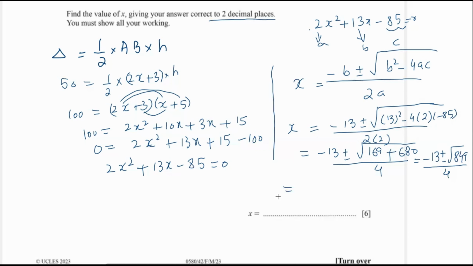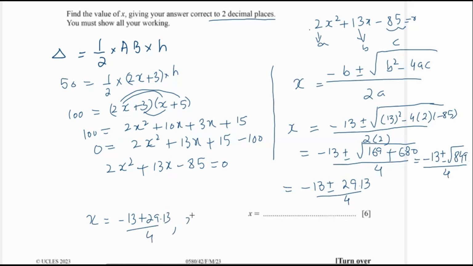The square root of 849 is 29.13 divided by 4. Therefore, x equal to minus 13 plus 29.13 over 4.